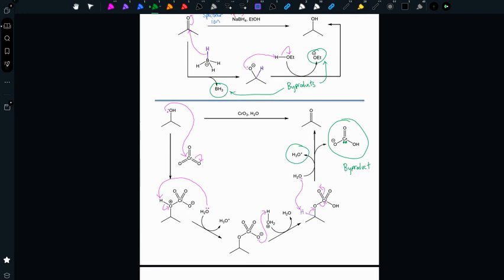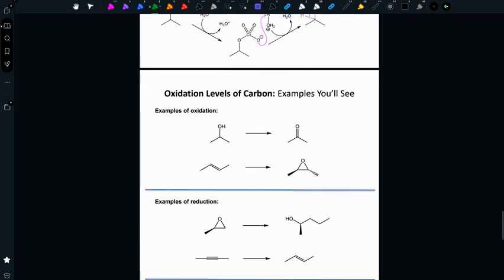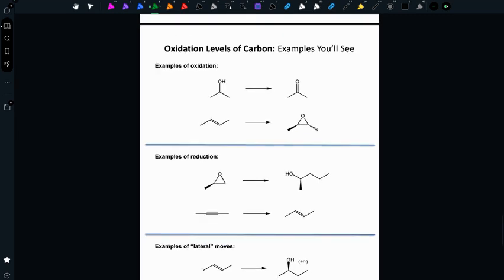So now that we've done some practice with the mechanisms, the last step is to start to identify when oxidation and or reduction is taking place. So the last two slides are going to be about identifying whether oxidation or reduction or neither is happening in a reaction.